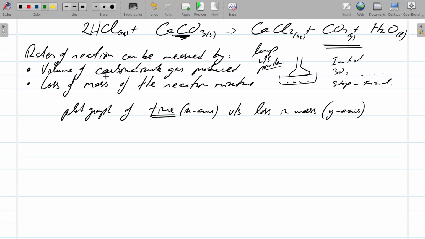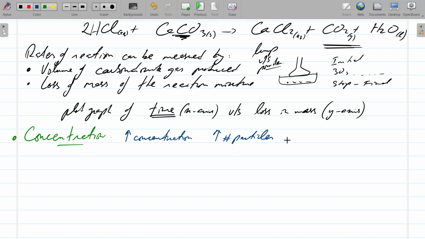So concentration has to do with solutions, right? And the concept behind it is if you increase the concentration, that means you've got a greater number of particles of the reactant, right?